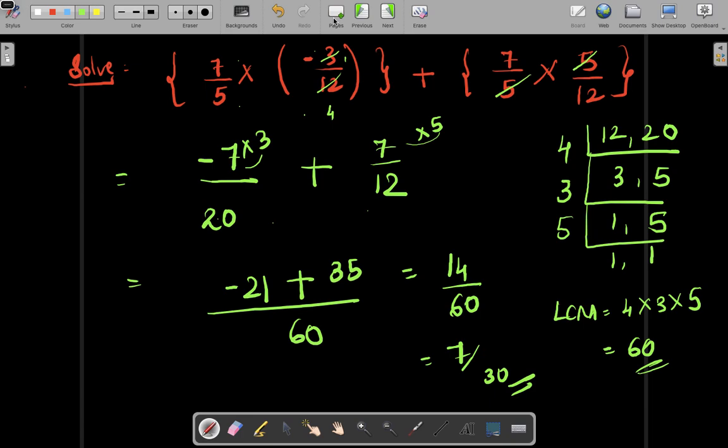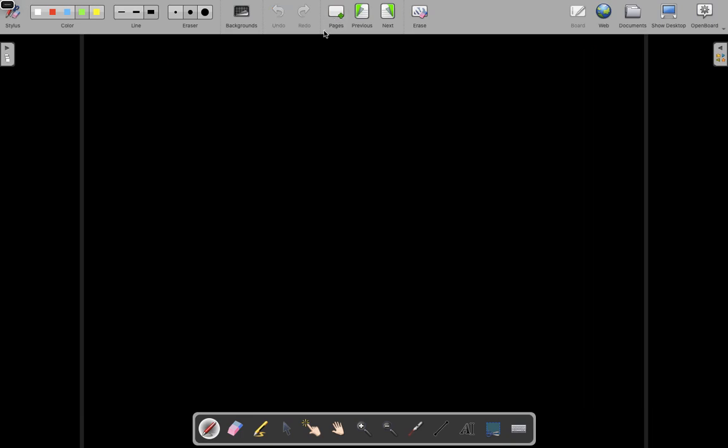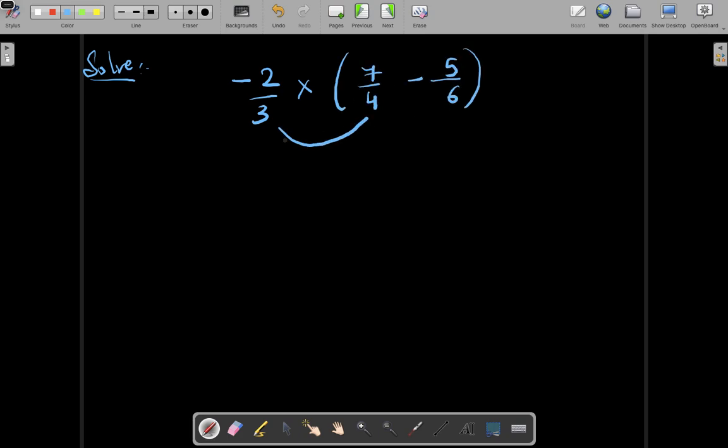Let's move on to the next question. Let me solve one last question with respect to distributive. So last question, minus 2 over 3 times 7 over 4 minus 5 over 6. We have to distribute this to all the terms inside this term.